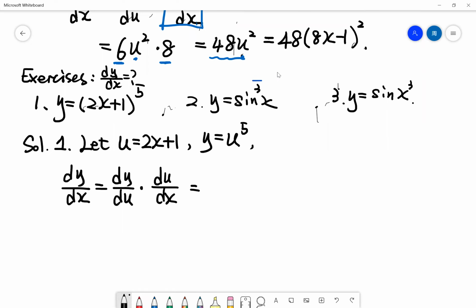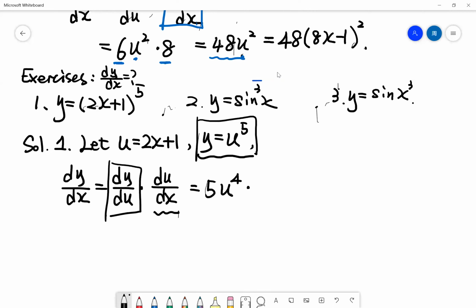We first calculate dy by du. dy by du equals 5 times u to the power 4; we use the power rule. Then times du by dx. Since u equals 2x plus 1, du by dx equals 2.